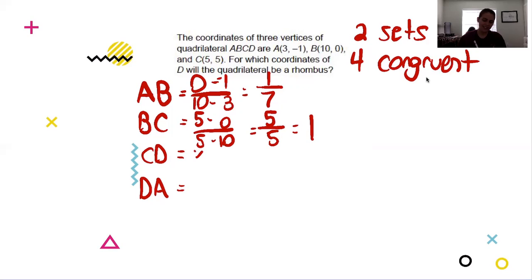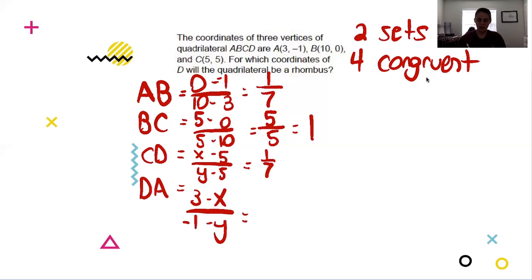So what I have for CD is x minus 5 over y minus 5 equals 1/7. And for DA, I have 3 minus x over -1 minus y equals 1.